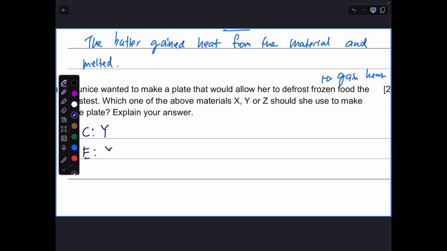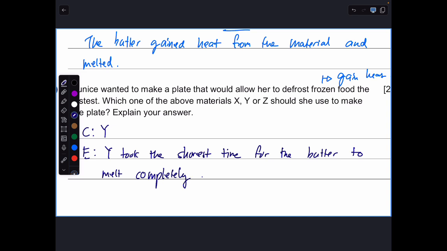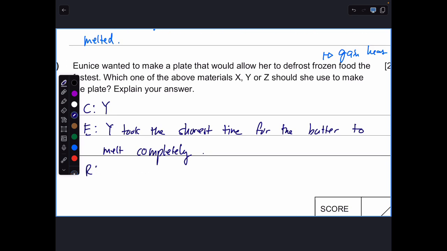Y took the shortest time for the butter to melt completely. The next one will be reason, your R. This suggests that Y is the best heat conductor.